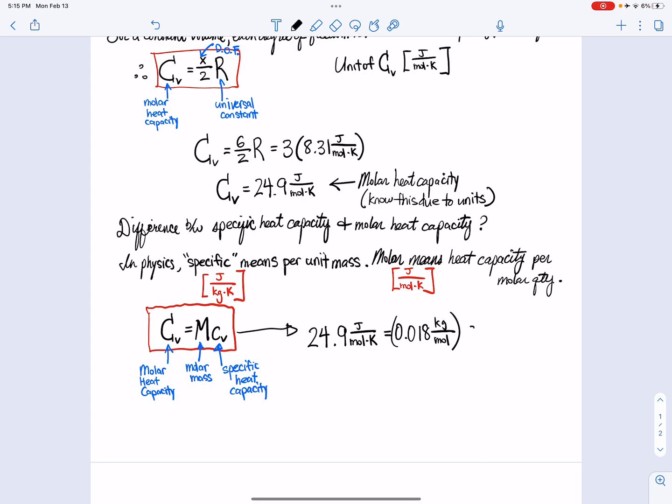And I am looking for my specific heat capacity, which is tiny c, small c.